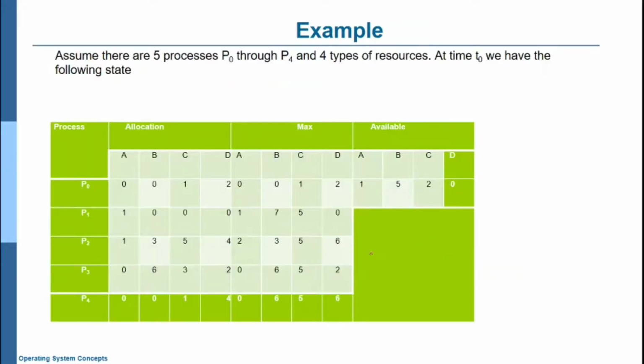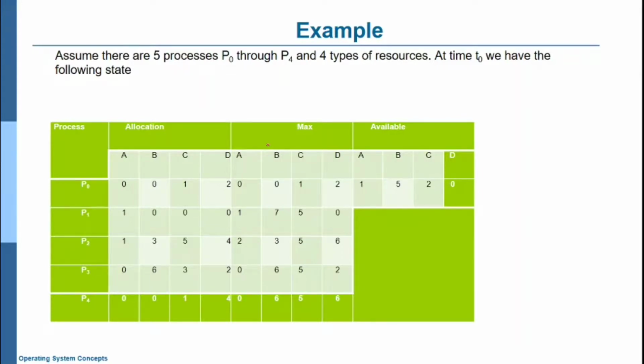Now there is one more problem we will solve. There are 5 processes P0 through P4 and 4 types of resources. At time T0 we have the following state. So this is what we have seen: the processes, allocation, maximum, and available.